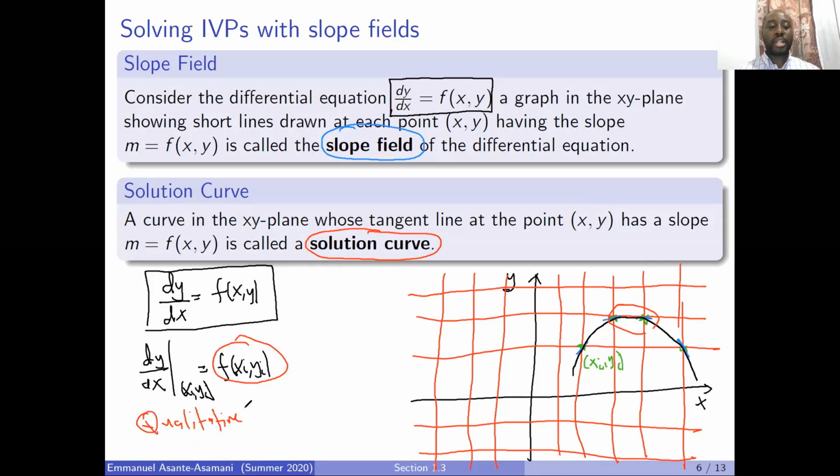Okay, and for this class, we are going to use Mathematica to do this. Okay, and so in the next slide, I'll first show you how a slope field looks in Mathematica for a specific first order differential equation.